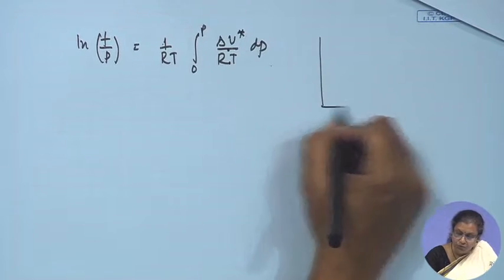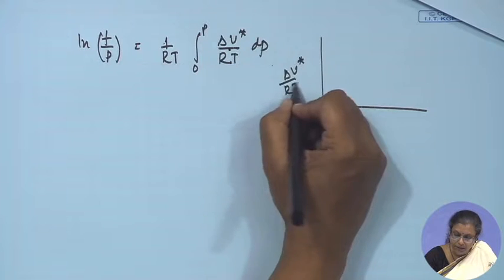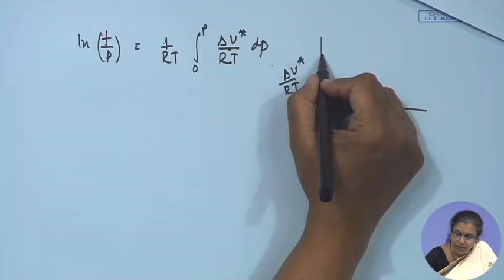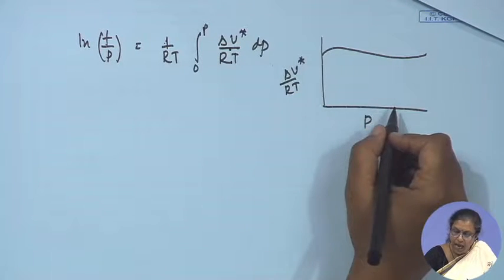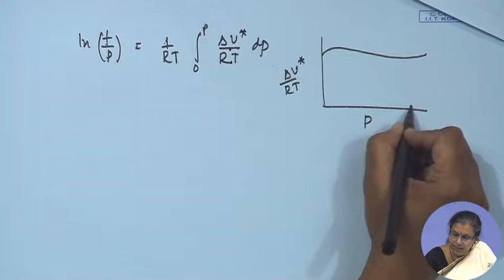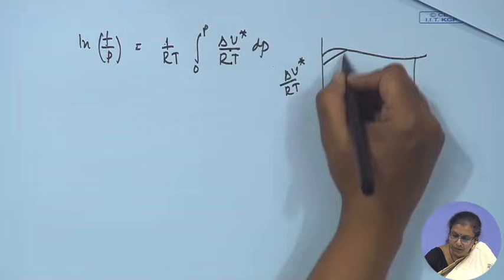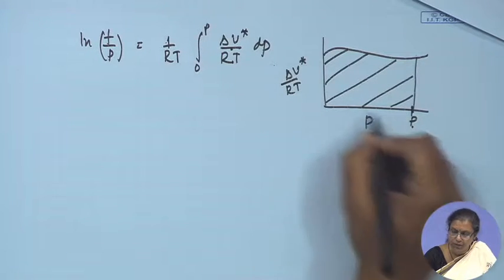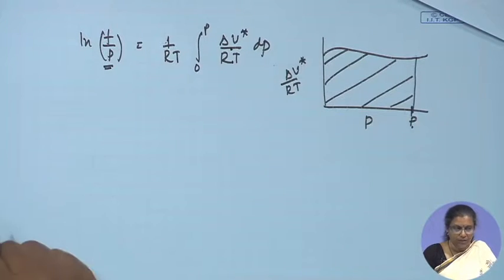We need to know how delta V star by RT varies with P. So we suppose it varies in some particular way, and we would like to find the fugacity at some particular pressure P. Then the area under the curve from P equals 0 to P equals P gives us an idea about the fugacity.